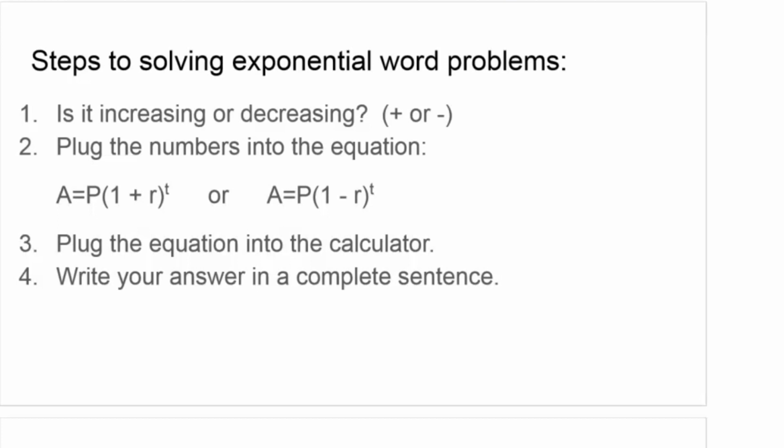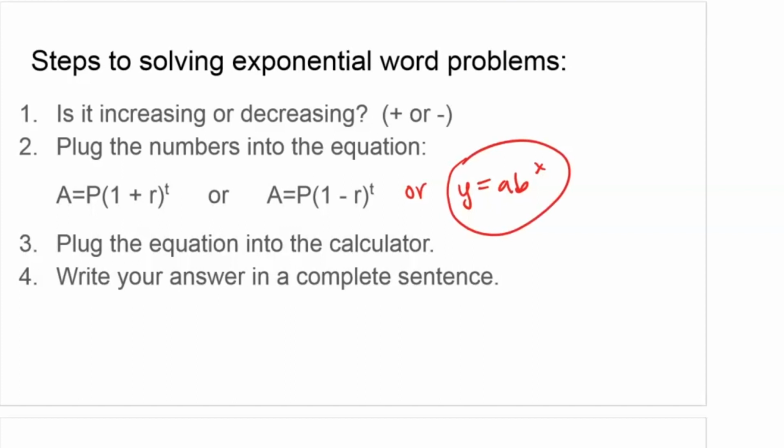Here are some steps to solving exponential word problems. So figure out if it is increasing or decreasing. That's going to tell us whether we are using plus or minus. Plug the numbers into the equation, or I'm going to add here y equals ab to the power of x. That's if it's doubling or tripling, or if the rate is not a percentage, then you use this equation.